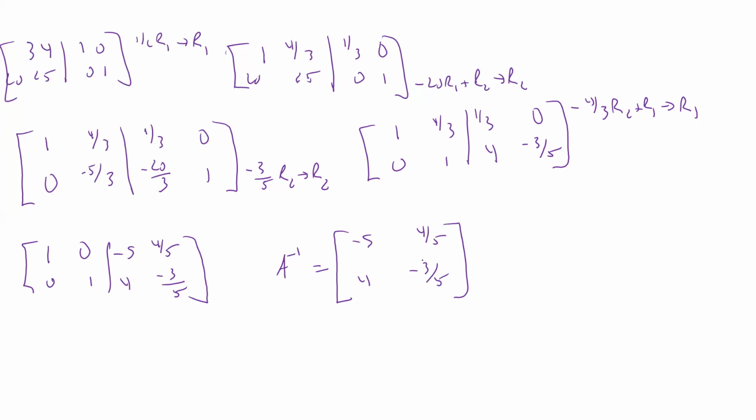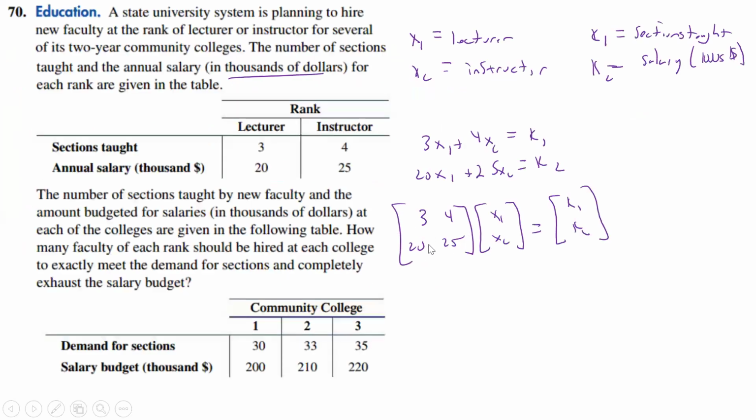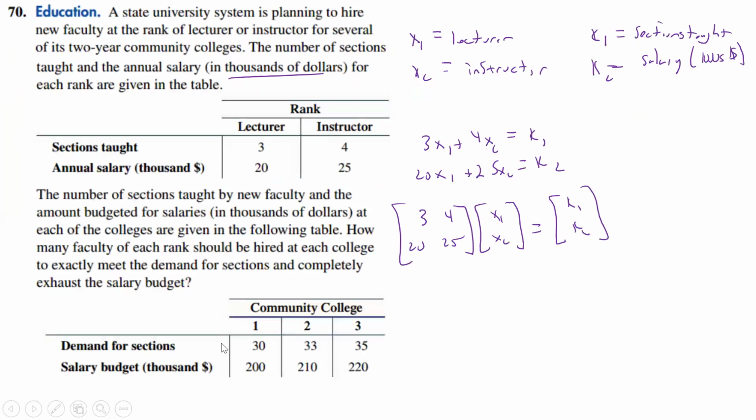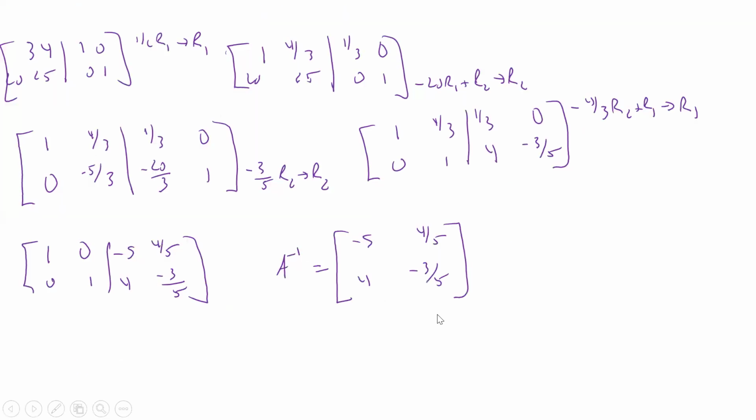Okay. Now, let's go back. And now we have these stipulations as far as colleges 1, 2, and 3. So we can do like we did last time. We can multiply this times this matrix here, basically. So let's do that on the next page.